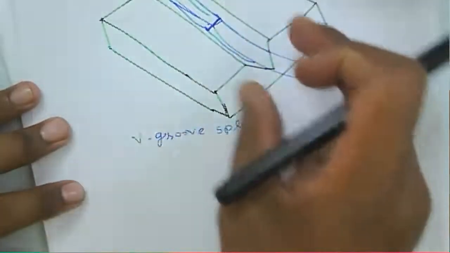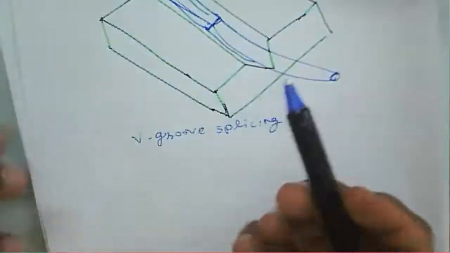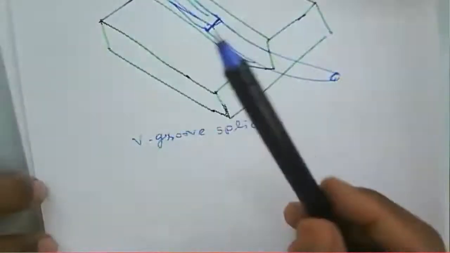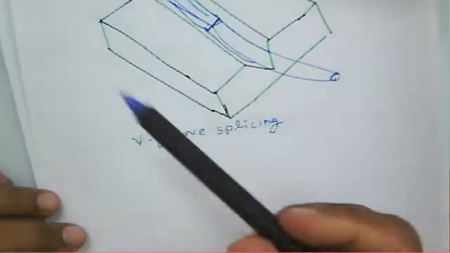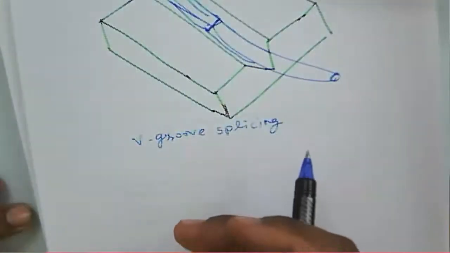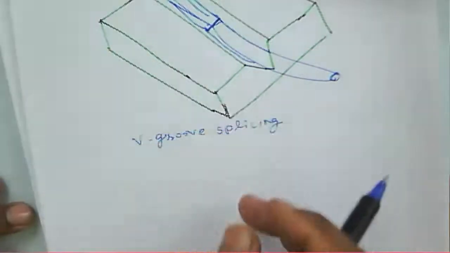According to that, the V-groove is designed, and we just have to fit the two fibers, press them, and the two fibers get connected properly using this technique.